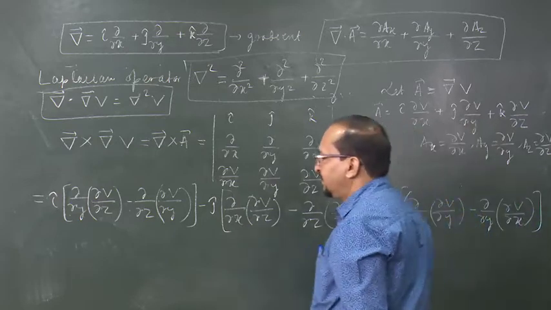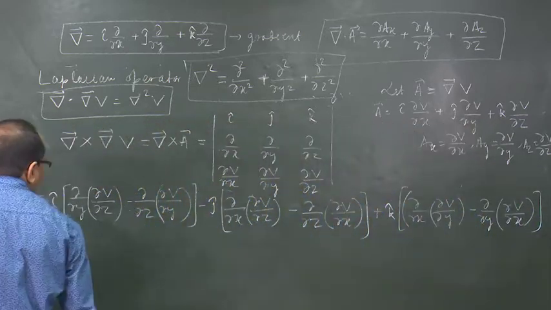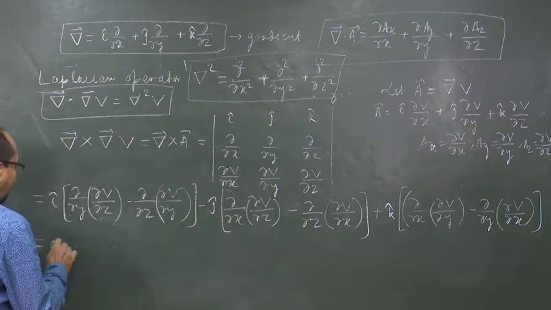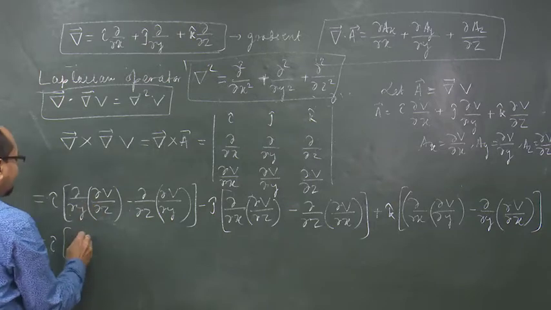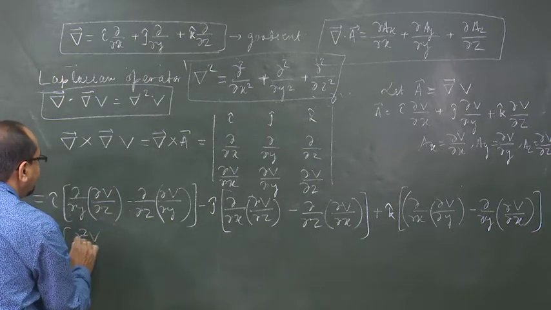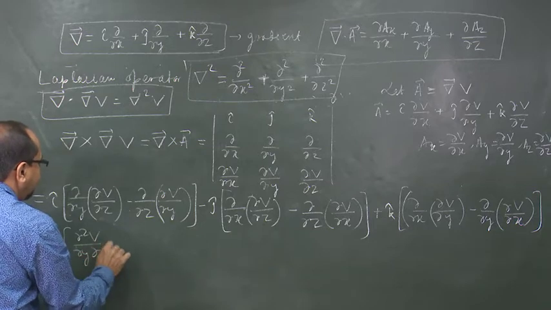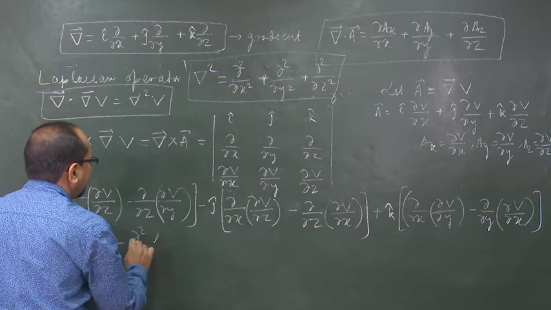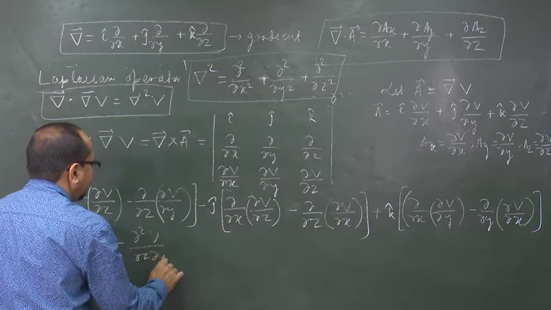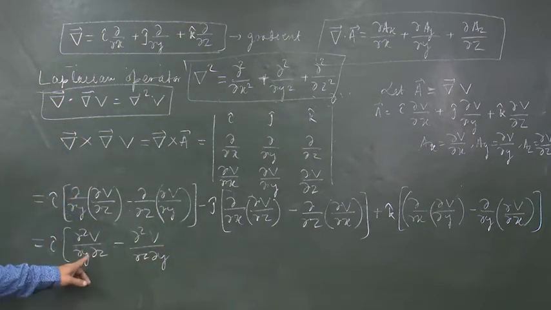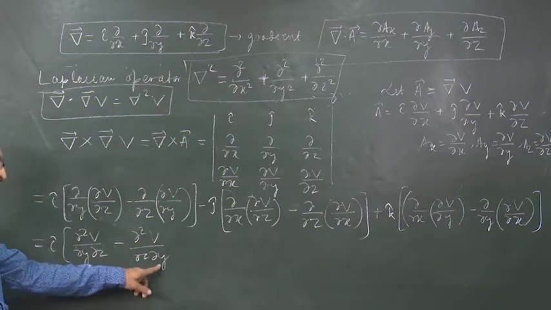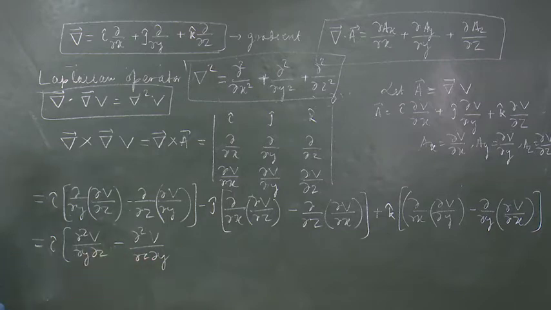Simple cross product, you have read it at class 11 level, and it is equal to i cap into del square V by del y del z minus del square V by del z del y. They are the same. Del square V by del y del z is the same as del square V by del z del y. It is just the order of operation.